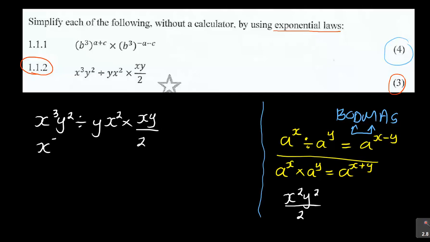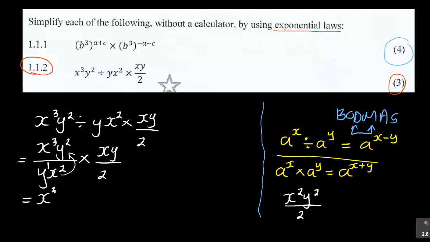I would have said x to the power of 3 y squared over y x squared, times xy over 2. Are you seeing that? The reason why I didn't follow up with this method is that it's not using exponential laws in a way, but it's still going to work, because when I take the x to the top, now I will have x to the power of 3 times x to the power of negative 2.